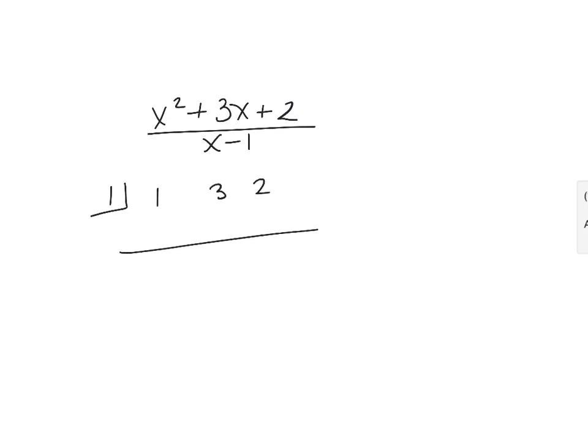Drop the 1. 1 times 1 is 1, so 3 plus 1 is 4. Then you multiply 1 by 4, so you get 4, and 2 plus 4 gives a remainder of 6. Now take that function, put in 1, and tell me what you get.